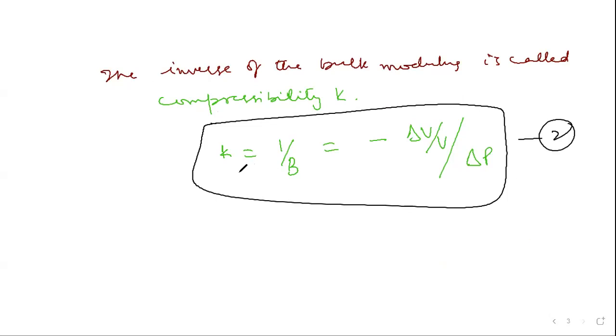Now the concept of bulk modulus and compressibility can be applied to liquids and gases as well as solids. Now, solids and liquids are relatively incompressible. That means it is difficult to compress solids and liquids.